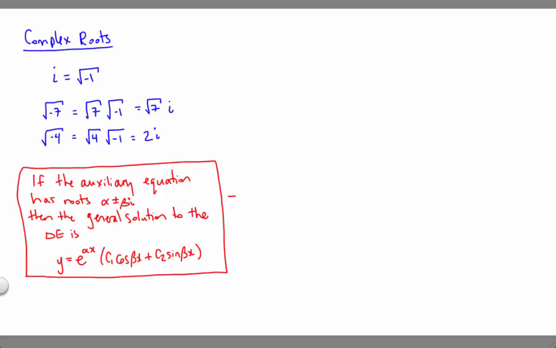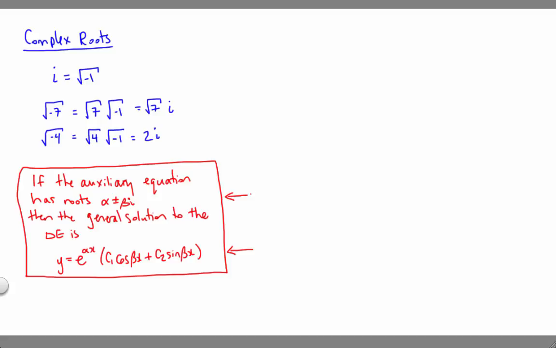I should point out that when we're solving auxiliary equations, if we do get a complex solution, these complex solutions always come in pairs. So you'll never just have one complex number as a solution. You'll always get a pair that looks like this. And that pair of complex solutions is going to produce a pair of solutions to the DE.